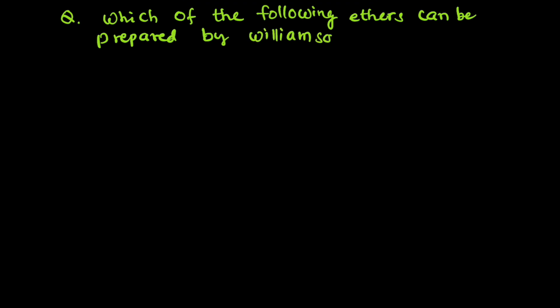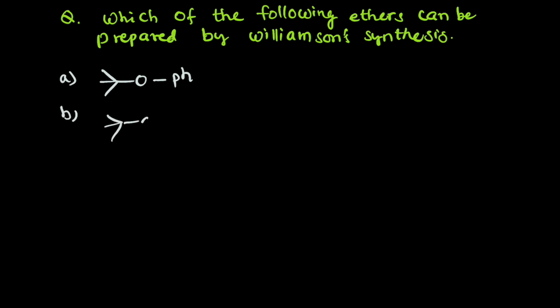You know which type of alkyl halide and which type of sodium alkoxide ion we have to use to prepare an ether from Williamson synthesis. Now observe these options I am giving you, to decide which ether we can prepare by using this method.